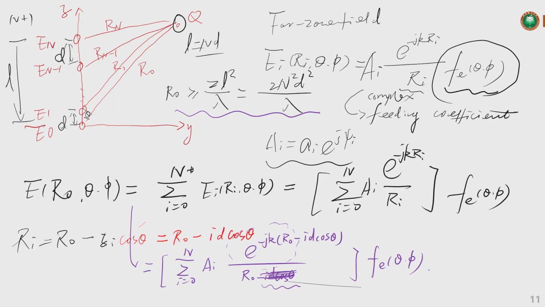It can then be simplified: these two parts can be moved outside, R node and e to the minus j k R node, and the inside is just this part.